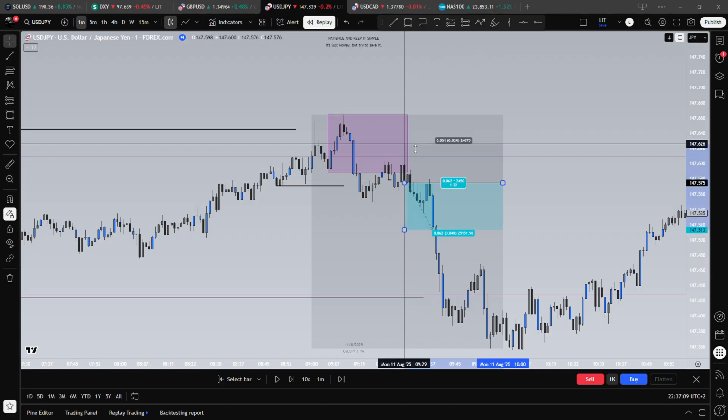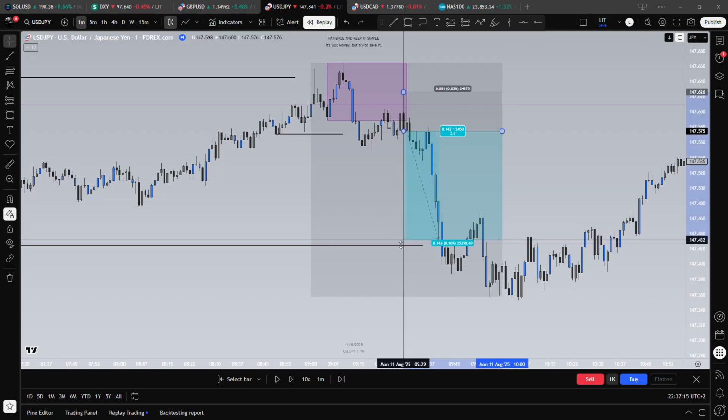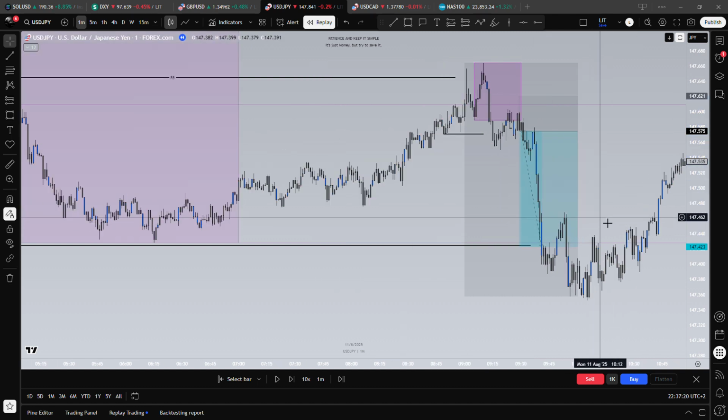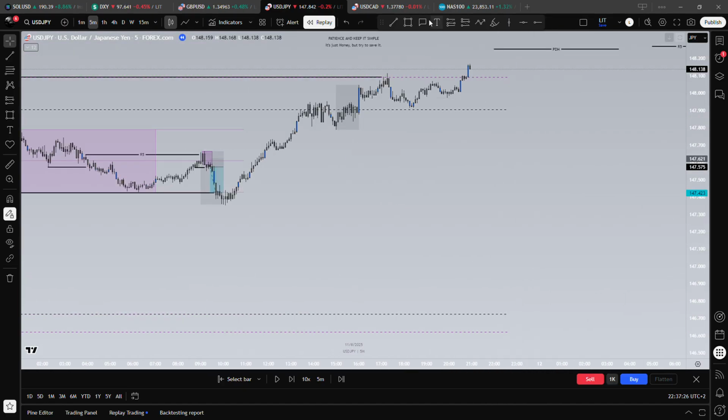So here we have a lower low. It broke to the upside with strength, engulfing candle, and I entered here more or less. I don't know if the stop loss was something like this, and it was a 1 to 3 something, I think. So probably it was something like that, okay? And this was my trade.